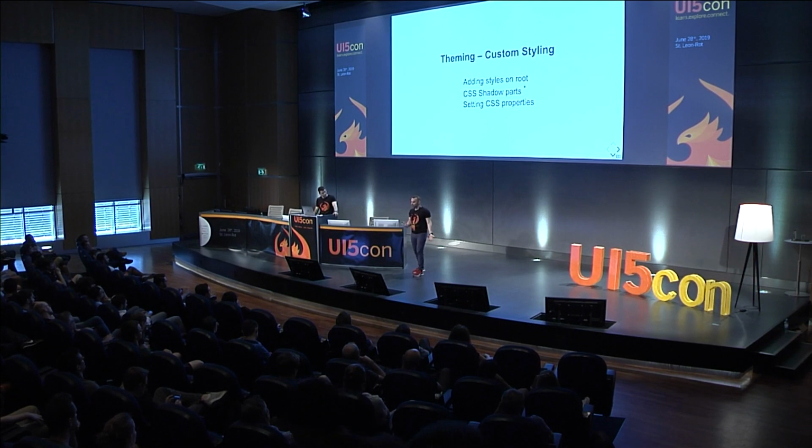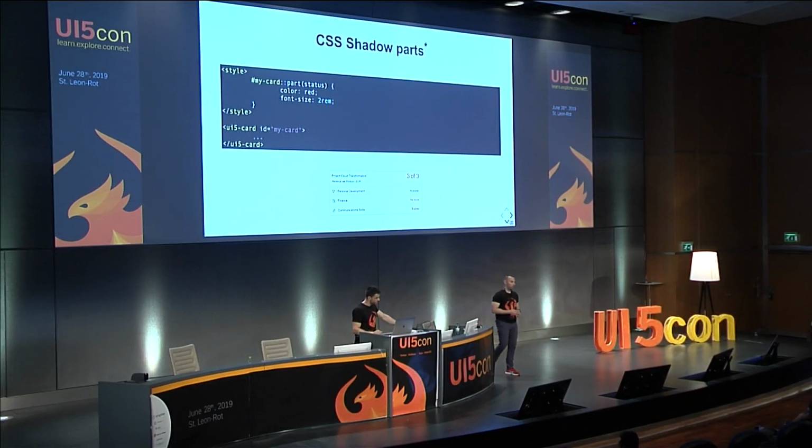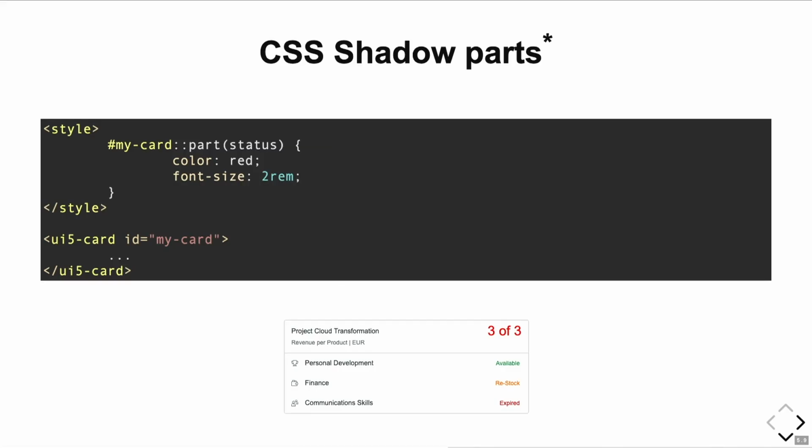So it's super simple. We also have a mechanism for changing just parts of our complex composite controls, such as the card. On the next slide, we have an example for this. You can see that on the top right angle of the card, we have this thing which we call status.